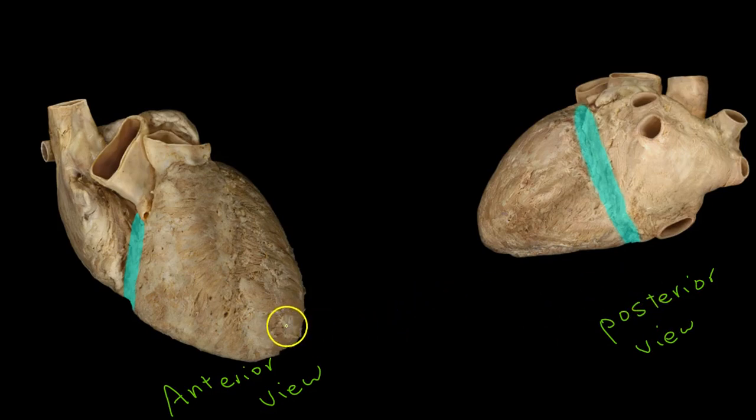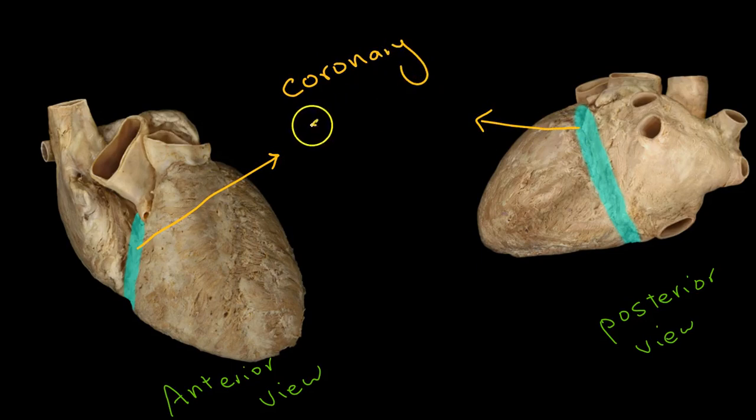This structure is called the coronary sulcus. What is a sulcus? A sulcus is actually a groove. It's a surface groove that you can find surrounding the heart, and it marks the junction between the atrium and ventricle.